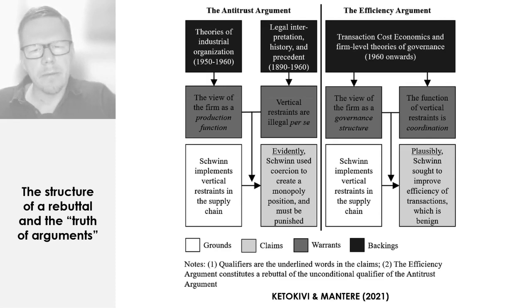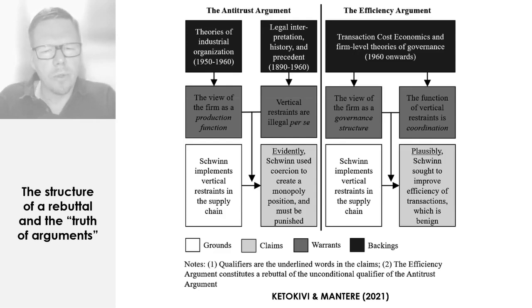But the author of the efficiency argument, Oliver Williamson, one of the pioneers of transaction cost economics, worked at the Justice Department in the 60s, followed the Schwinn case very carefully, and simply disagreed with the Supreme Court's decision. Not because he disagreed on the facts, but because he disagreed on the inferences that those facts would warrant.